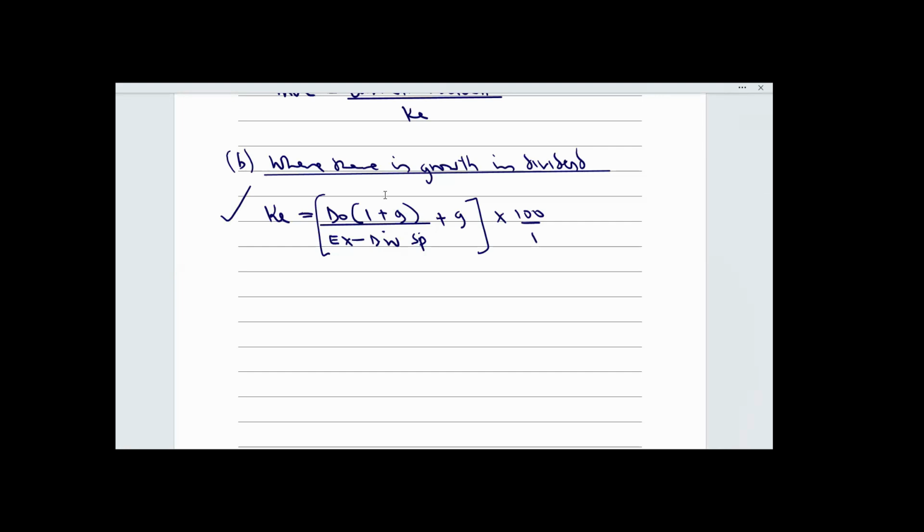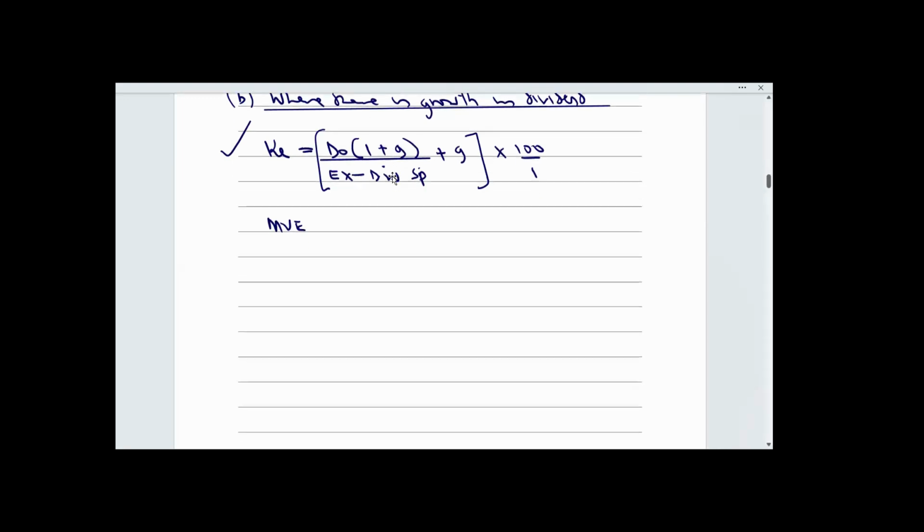So in this case, market value of equity will be computed as the current dividend multiplied by 1 plus the growth rate, all divided by cost of equity minus the growth rate.